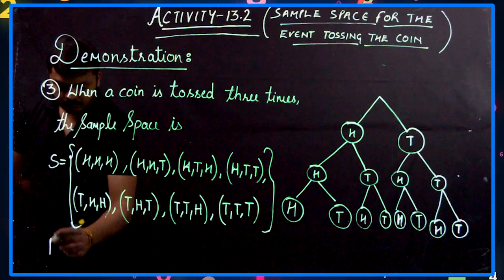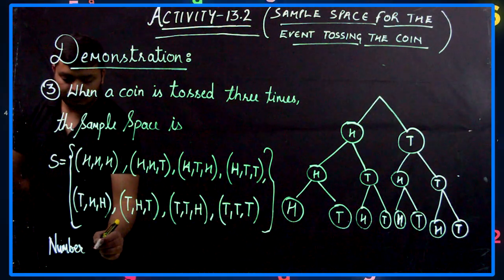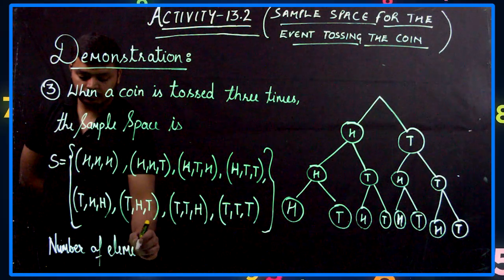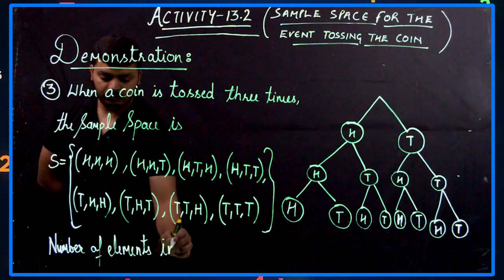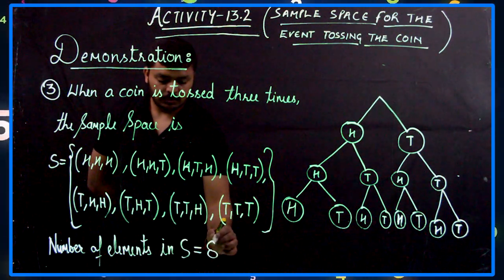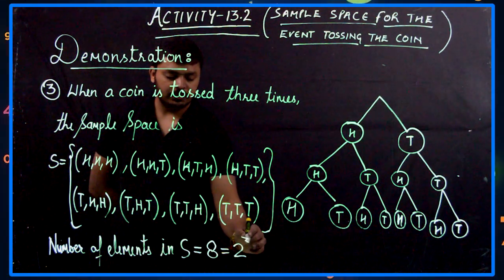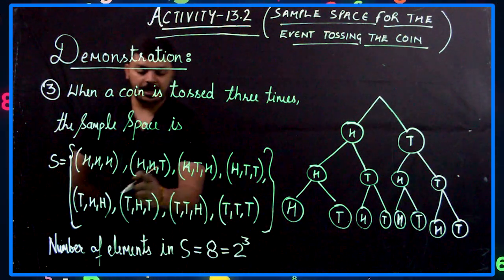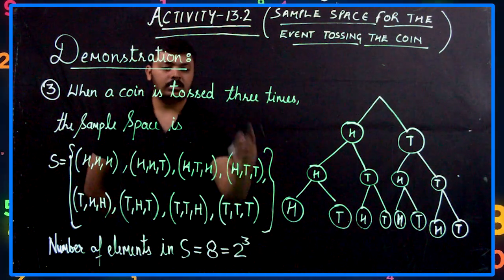So the number of elements in S is equal to 8, which can also be written as 2 to the power 3. 3 denotes 3 times.